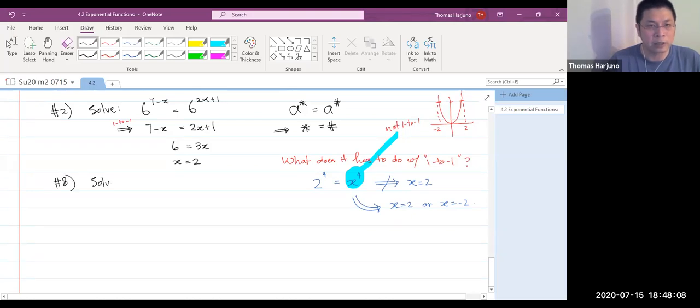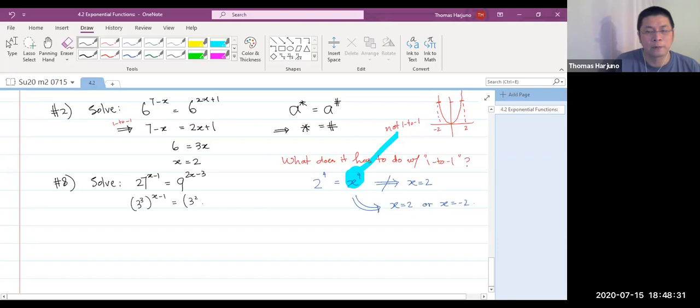Number 8, for example: 27 to the power of x minus 1 equals 9 to the power of 2x minus 3. Now, 27 and 9 are both powers of base 3. 27 is 3 cubed. 9 is 3 squared.